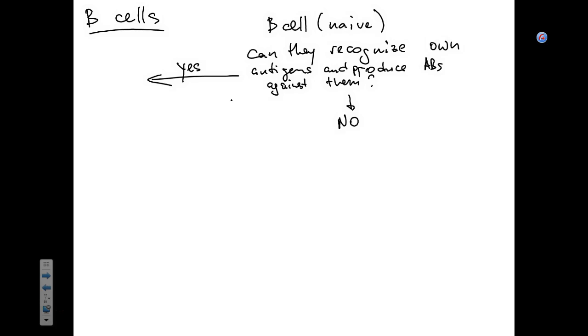If they recognize your own body and start to make antibodies against your own tissues, what should we do with those cells? Huh? No, we don't want to keep them. What if they escape? Yeah. How do we call the programmed cell death? Apoptosis. So it triggers apoptosis. Does that make sense? If no, if they're not self-reactive, they go out and play.